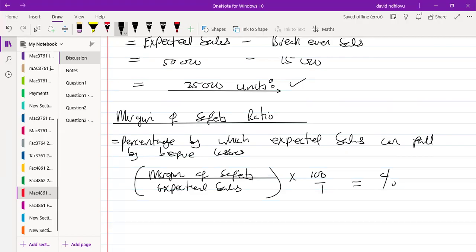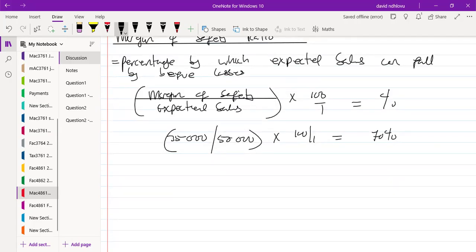So in our example, we'll obviously say 35,000, which is the margin of safety, divided by expected sales of 50,000, all of that multiplied by 100 over 1, then we'll get our figure. So it'll be 35 divided by 50, that will give you 70%. So we are saying sales can fall by 70% from the expected sales quantity of 50,000 before the company encounters a loss.